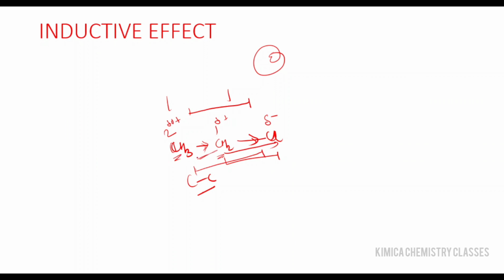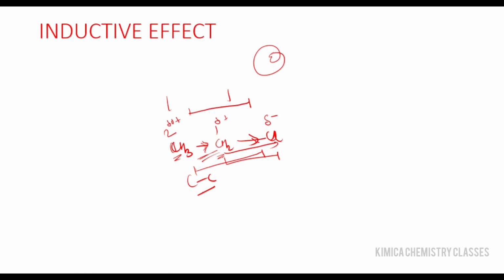So the electron cloud is going to shift towards this because of electronegativity. Polarization of a sigma bond caused by polarization of an adjacent sigma bond is referred to as the inductive effect. This effect is passed on through different bonds, but it decreases rapidly as the number of atoms increases. So this is all about this.